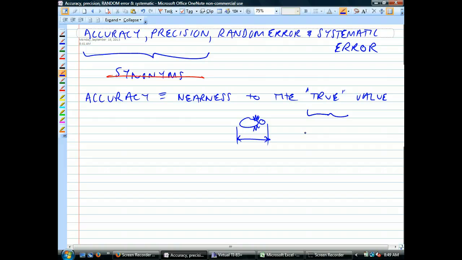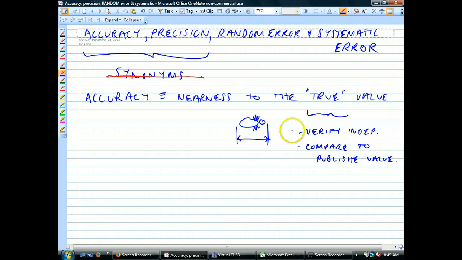So there might be some other way to verify it independently. Or secondly, we might compare to some published value.